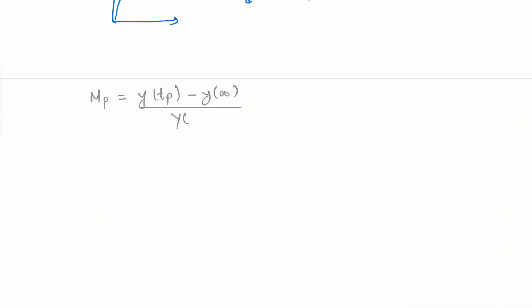So the maximum peak overshoot, say given by Mp, is y of tp minus y at infinity over y at infinity, and is generally given in percentage, so we can multiply this by 100.